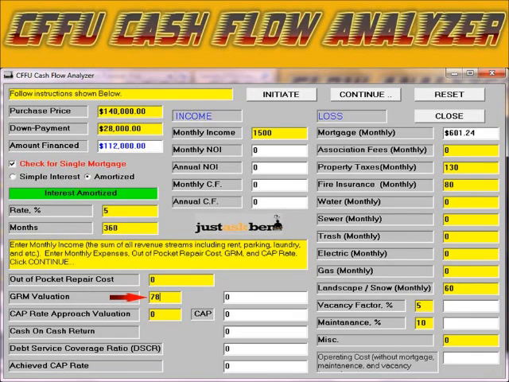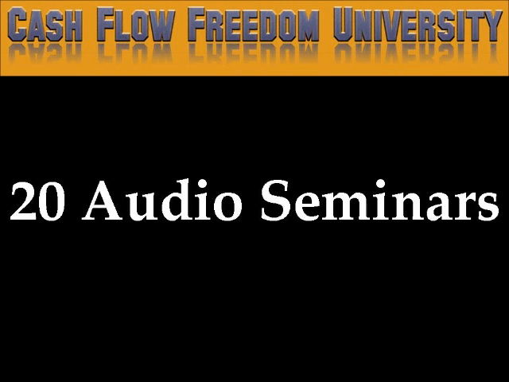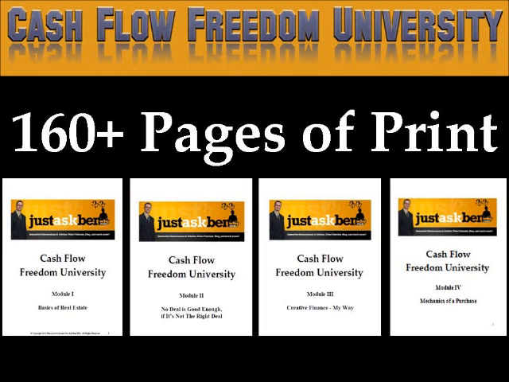And finally, let's put in a cap rate of 10% because, assuming that we've done our analysis, that seems to be appropriate for this type of building in this type of location. Notice, research comes up a lot. I discuss all of this in great detail in the content of Cash Flow Freedom University.